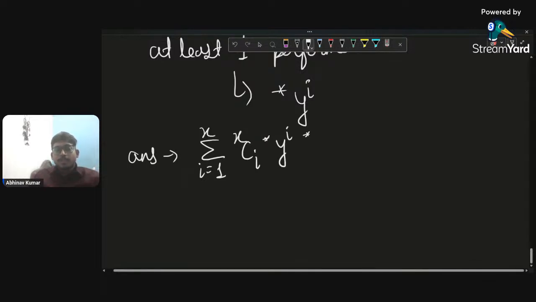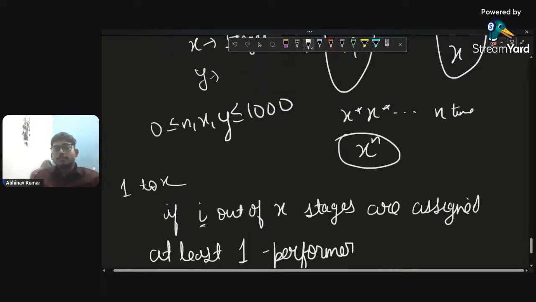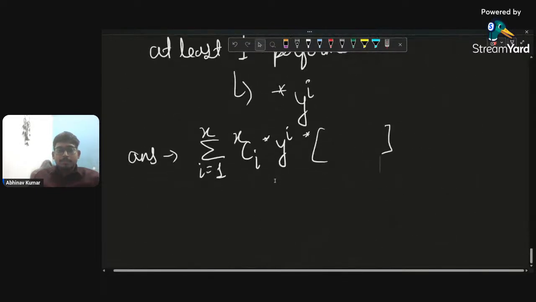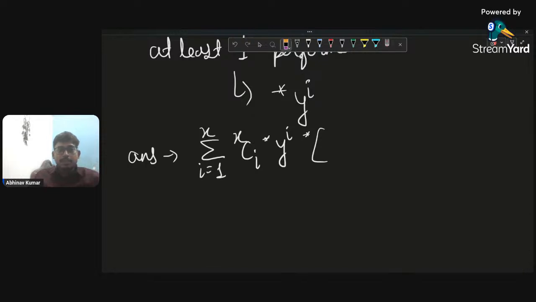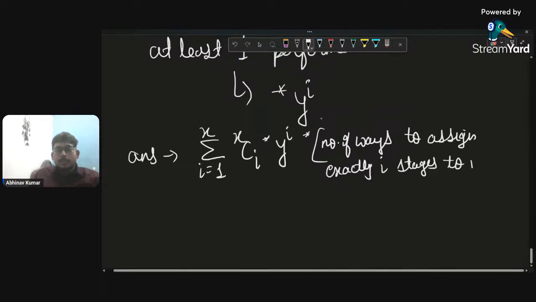Along with that, we would multiply by the number of ways to assign exactly I stages to n performers, where each stage gets at least one performer.